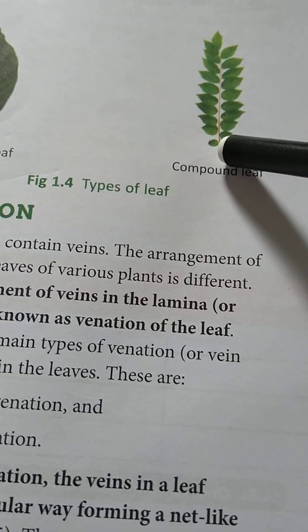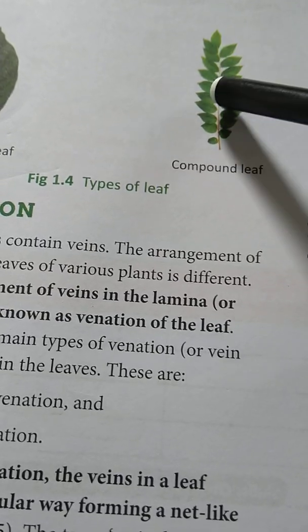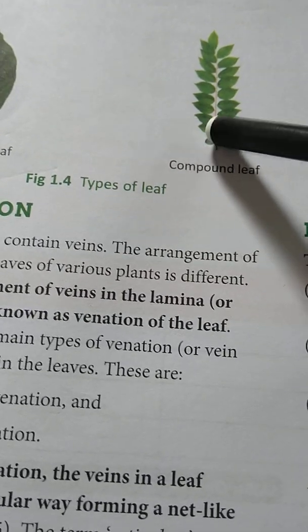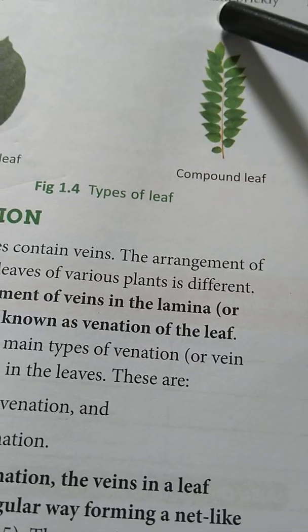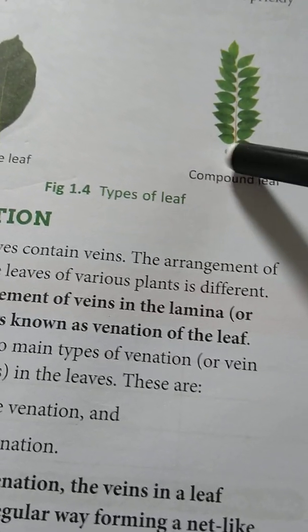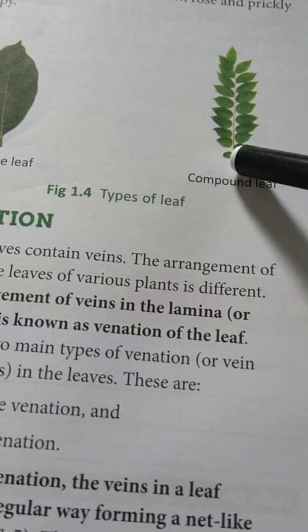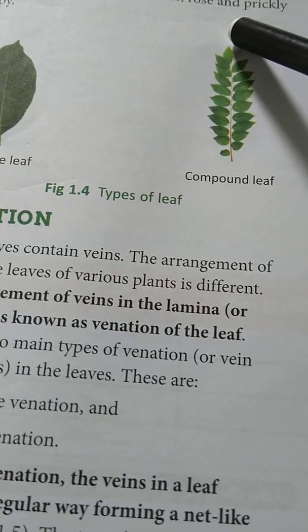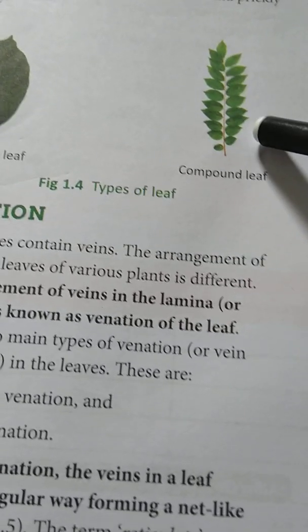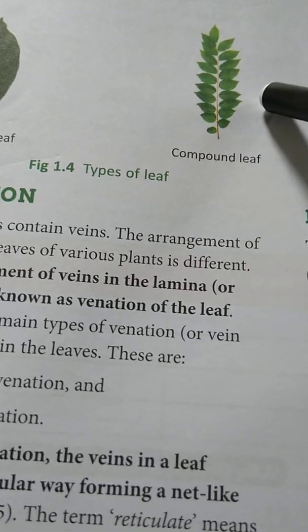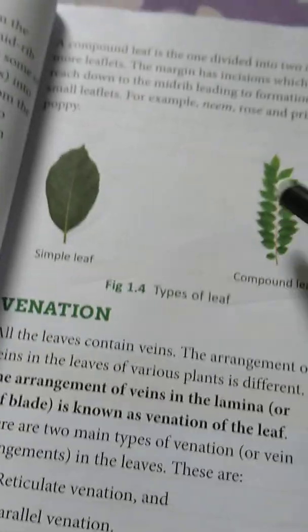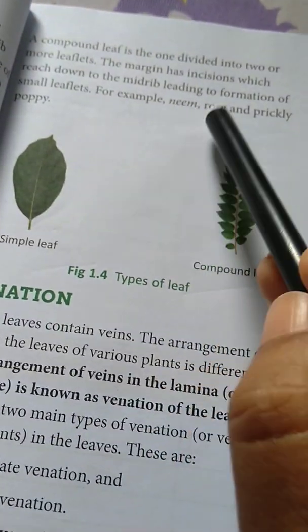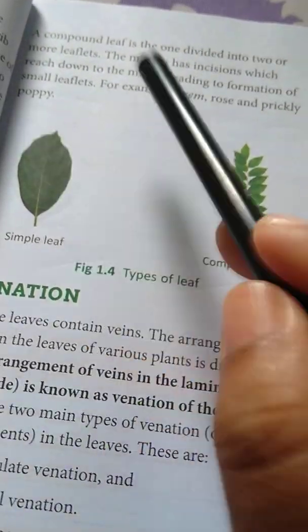When the midrib carries more than one leaflet, that is a compound leaf. I mean, the marginal part of the leaf or leaf blade that is divided into small leaflets. This type of leaf is a compound leaf. Example: neem, rose, prickly poppy.